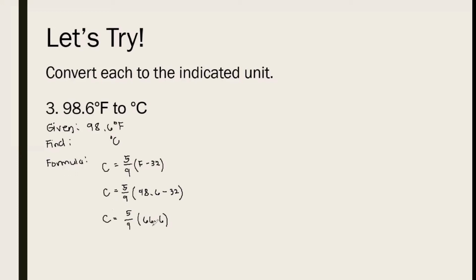And simplifying the fraction here, we have 5 over 9 multiplied by 66.6. Using your calculator, this will result into 37. As for the conclusion, 98.6 degrees Fahrenheit is equal to 37 degrees Celsius. And this is now your final answer. Let me write the given degrees Celsius. We have 37 degrees Celsius.